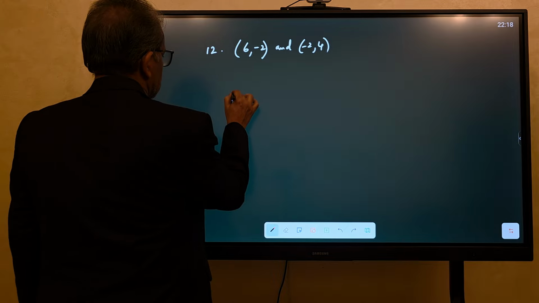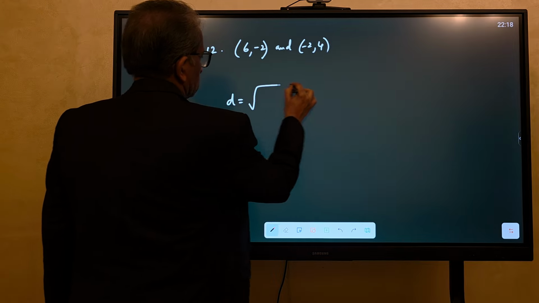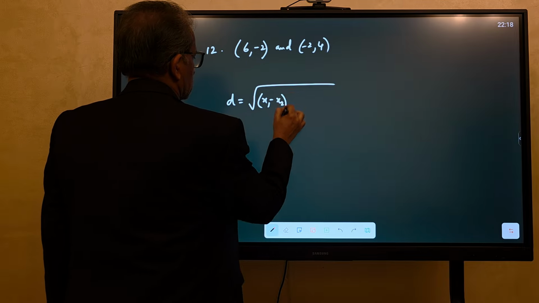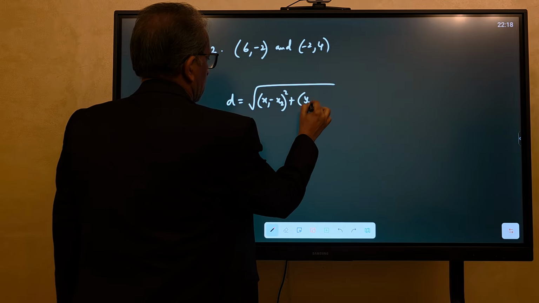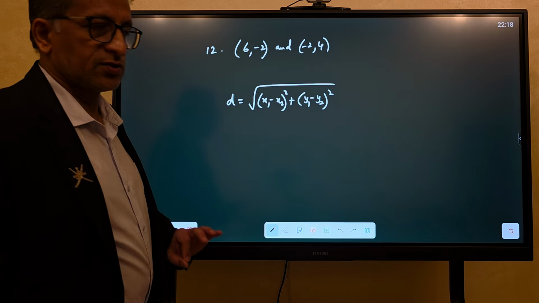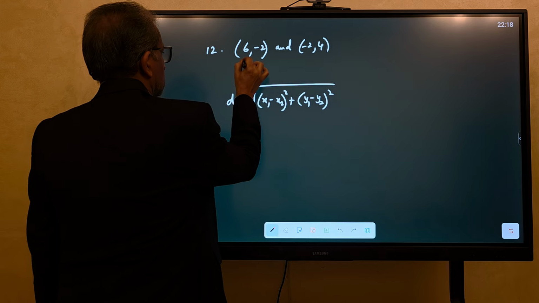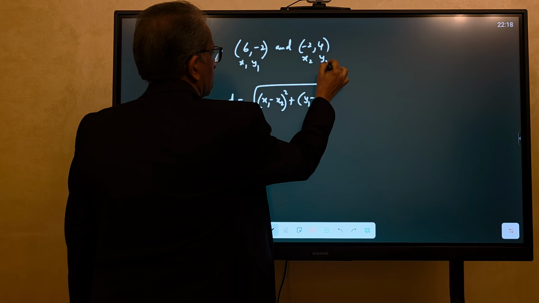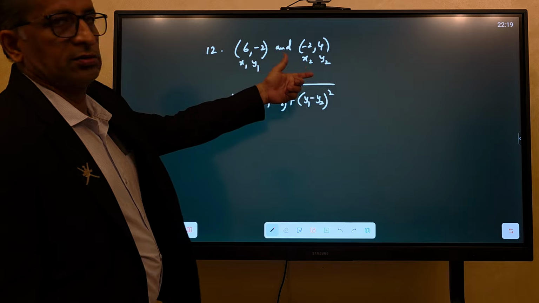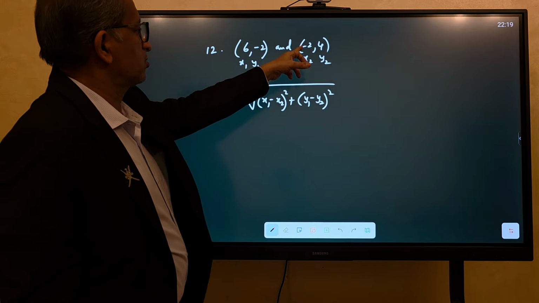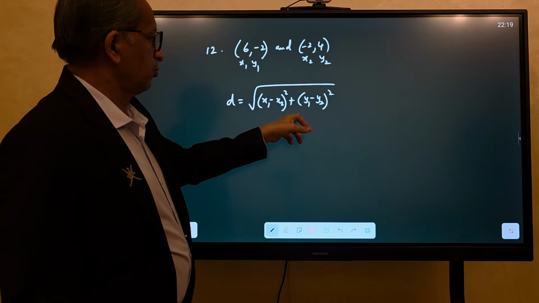So that is D equal to the formula, square root of (x1 minus x2) square plus (y1 minus y2) square. The first point is x1, y1. The second point is x2, y2. Just write that down below. Now you know x1 is 6, y1 is minus 2, x2 is minus 2, y2 is 4. Put it here.